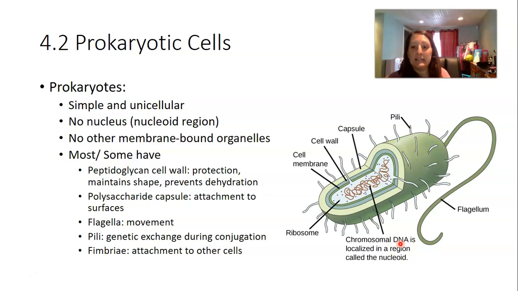And that DNA tends to be centralized or localized in a region of the cell called the nucleoid. Now, there's no membrane surrounding that, but it is usually contained to a region. Different from eukaryotic organisms like us, our DNA is enclosed in a membrane-bound compartment inside the cell.